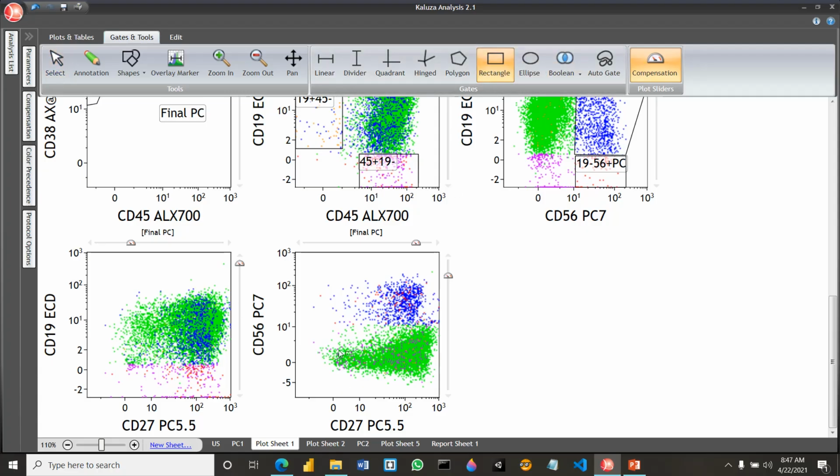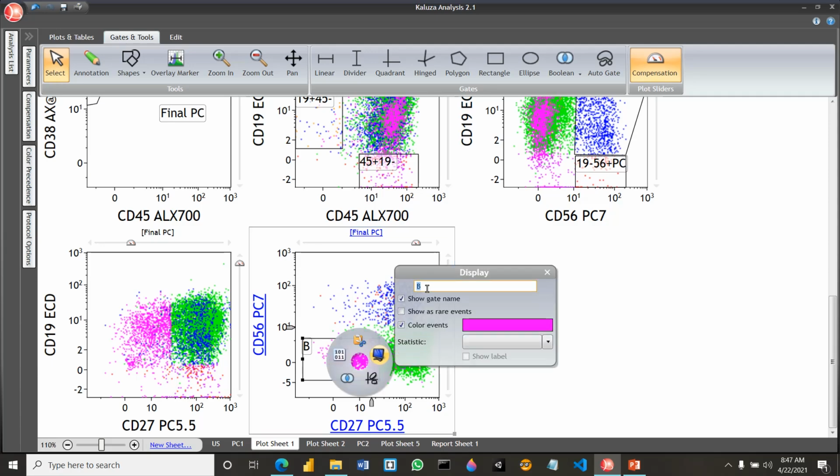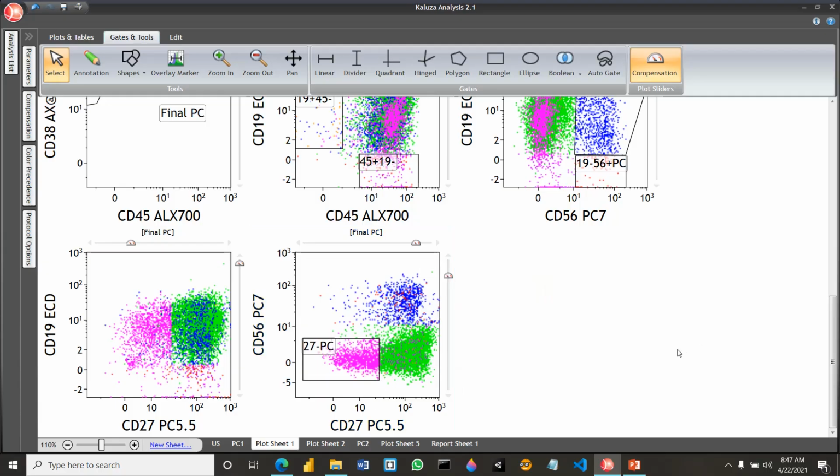So we can get this population like CD27 positive or CD27 negative population. We can say CD27 negative PCs, and we can also label CD27 negative and CD56 positive PCs, right?